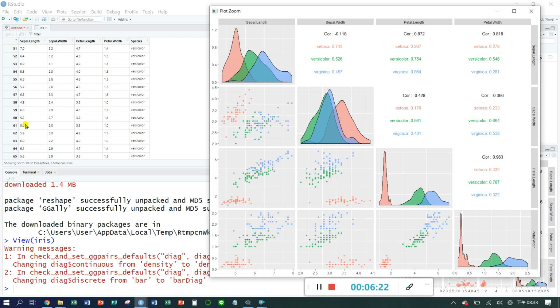If we draw the observation for 60, sepal length 5.2 and sepal width 2.7, 5.2 is also here, and 2.7 should be maybe this one or this one.